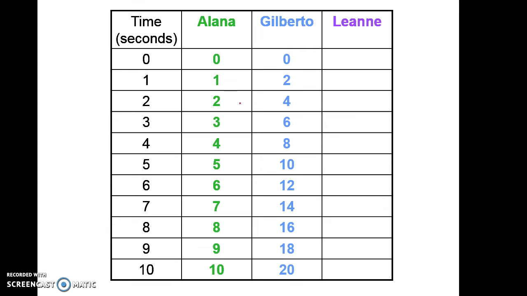So every meter is twice as many as the seconds. And then Leanne, she walks the fastest. At 0 seconds, she's walked 0 meters, and then she's walking 2.5 meters for every second. And so her table increases this way. So as we look at that, we're going to use these table values, and if you have them incorrect, you should fix them. You can pause the video and fix your table.